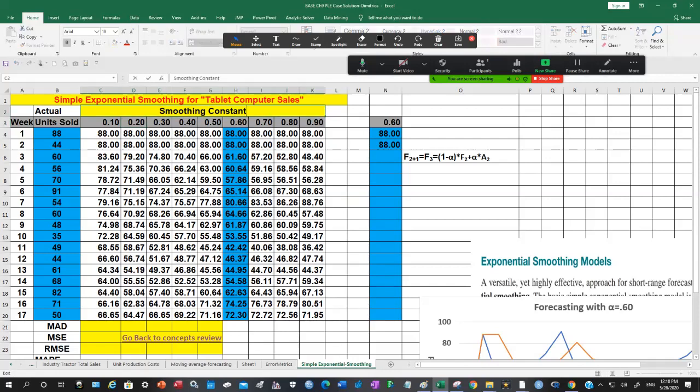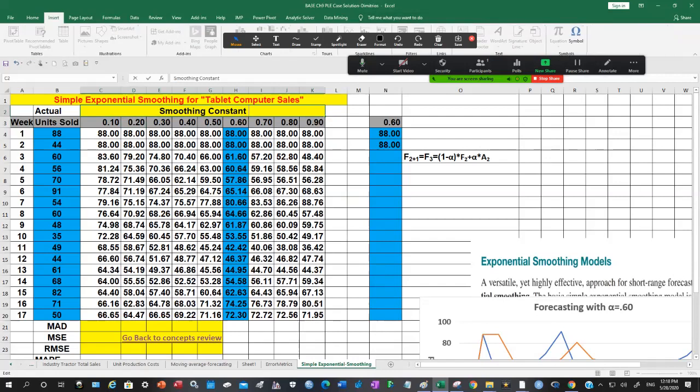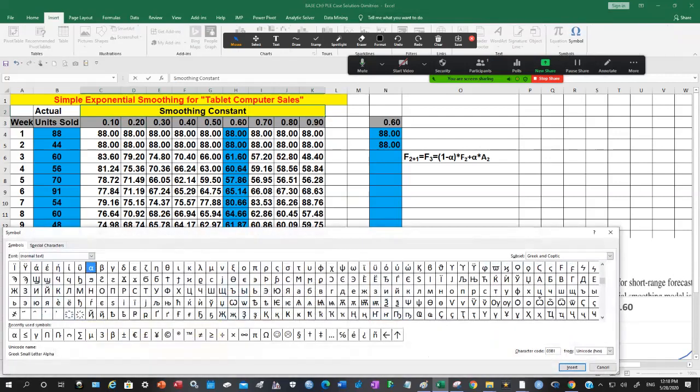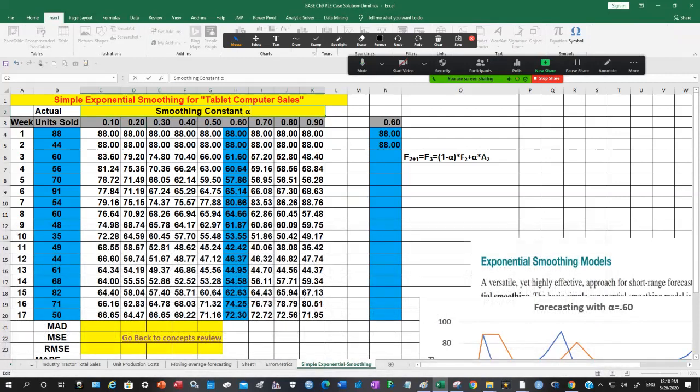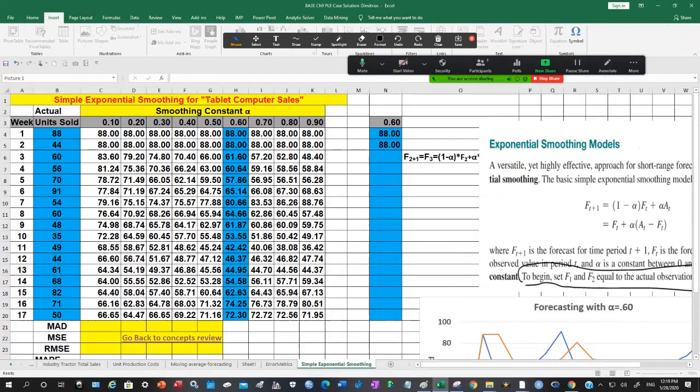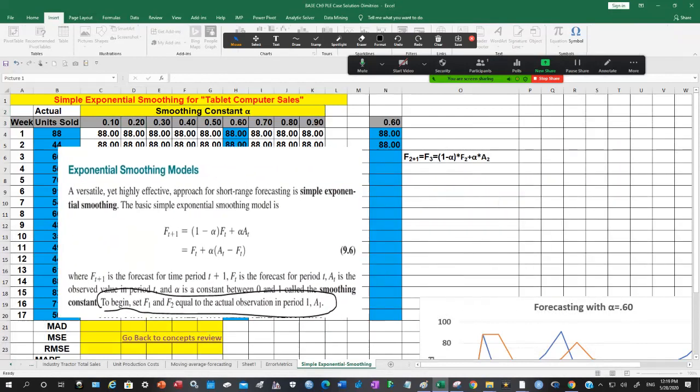So this is smoothing constant alpha. When alpha equals 0.6, I'm going to show you how these values are derived, and this is explained in the book. So here are my values.